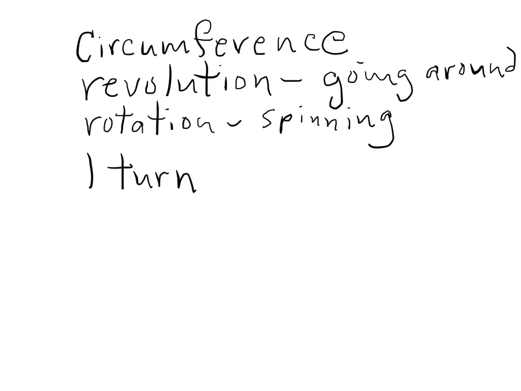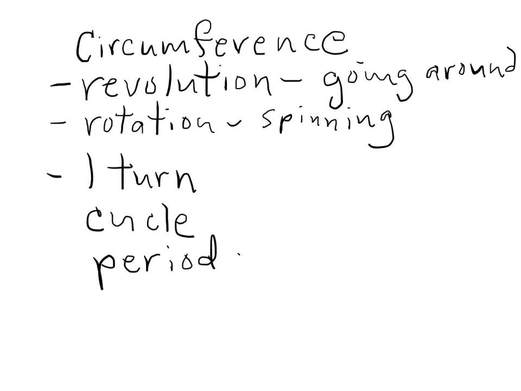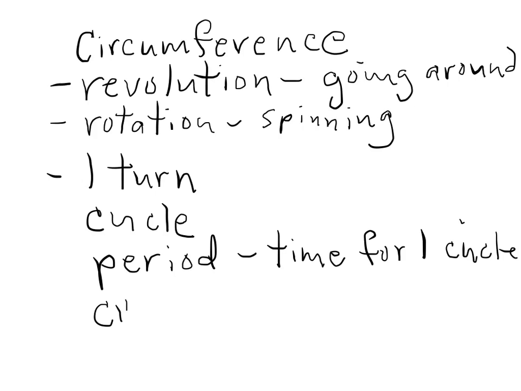Don't let the terminology hide the concept. We're going around a circle. Circumference, revolution, rotation, 1 turn, a circle, a period. Oh, how interesting. This is the time for 1 circle. Go 1 time around. That's the period. Okay, cycle.